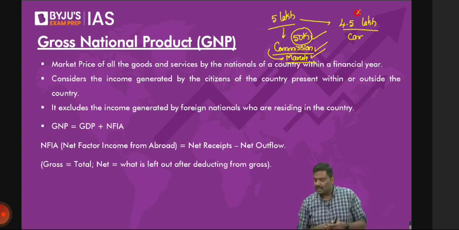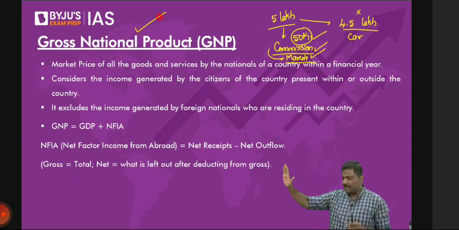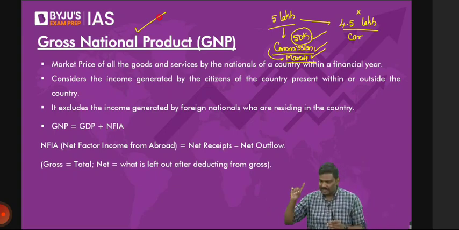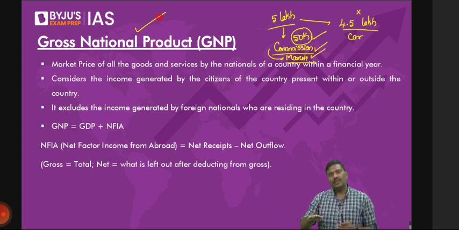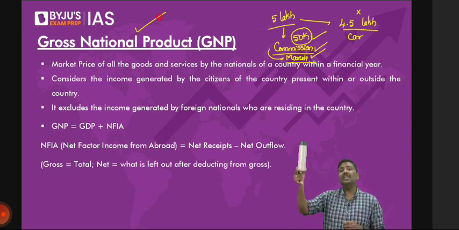Okay? Let me start. Next concept is gross national product. Can I go forward? Now, before I start, first point. Gross domestic product: whatever is produced in India, we'll count it as a part of India's GDP. Now, let's take a very simple example. If this bottle is produced in USA, will it be counted as part of India's GDP?